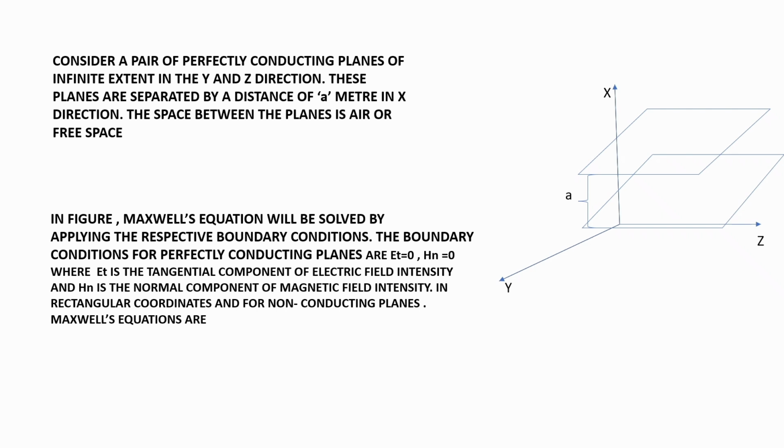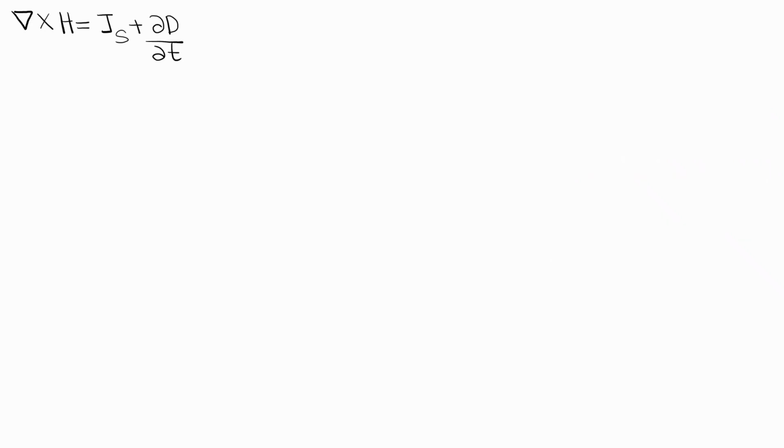First we are using del cross H equal to Js plus dou D by dou t, where Js equal to the conduction current density and dou D by dou t is the displacement current density.